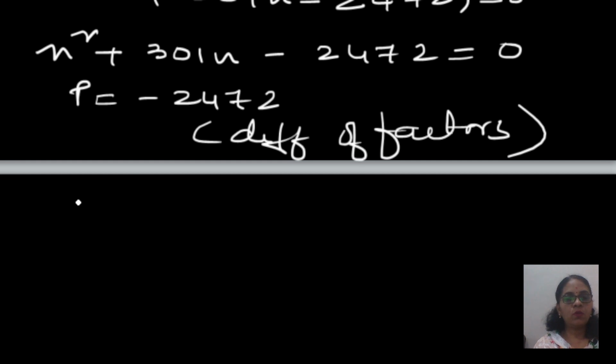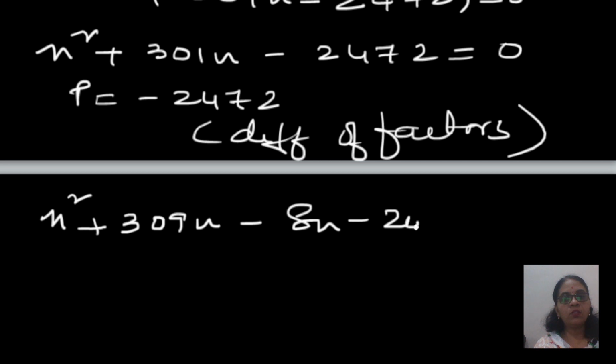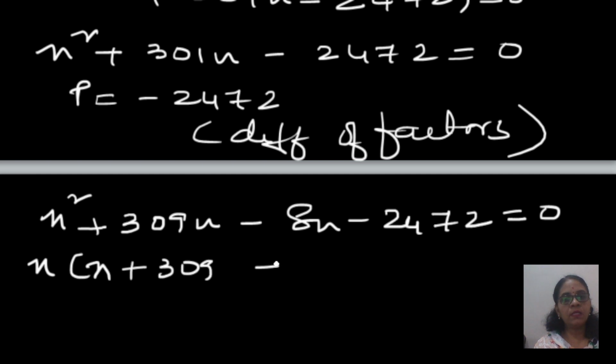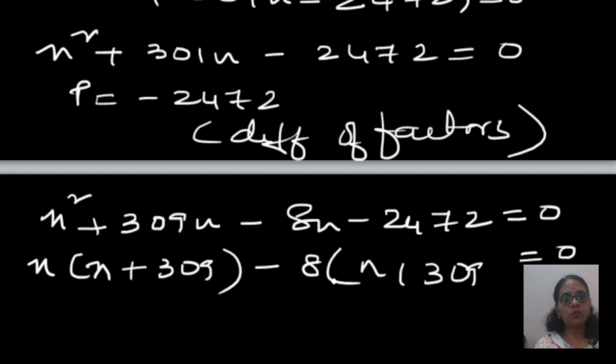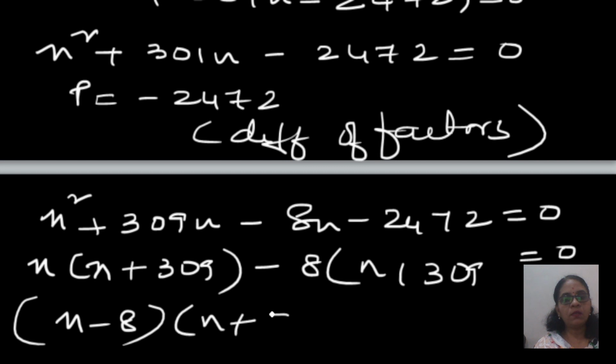Now we have n square plus 309n minus 8n minus 2472 is equal to 0. n into n plus 309 minus 8 into n plus 309 is equal to 0. So n minus 8 into n plus 309 is equal to 0.